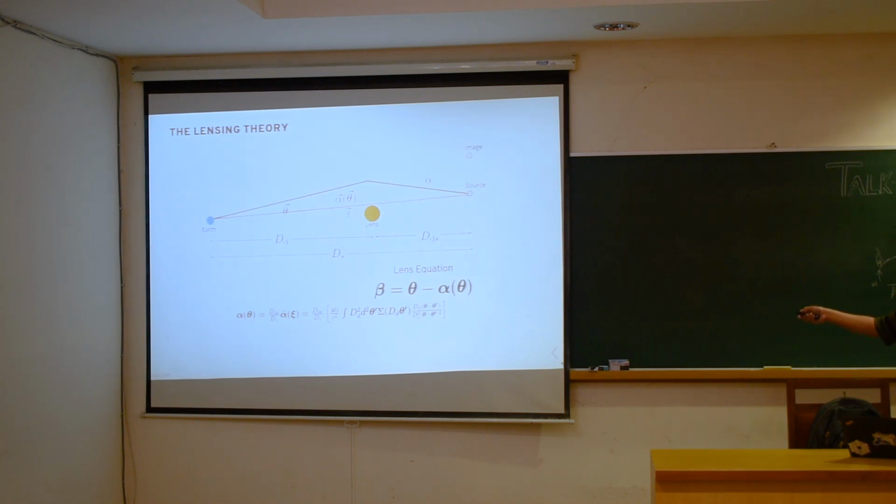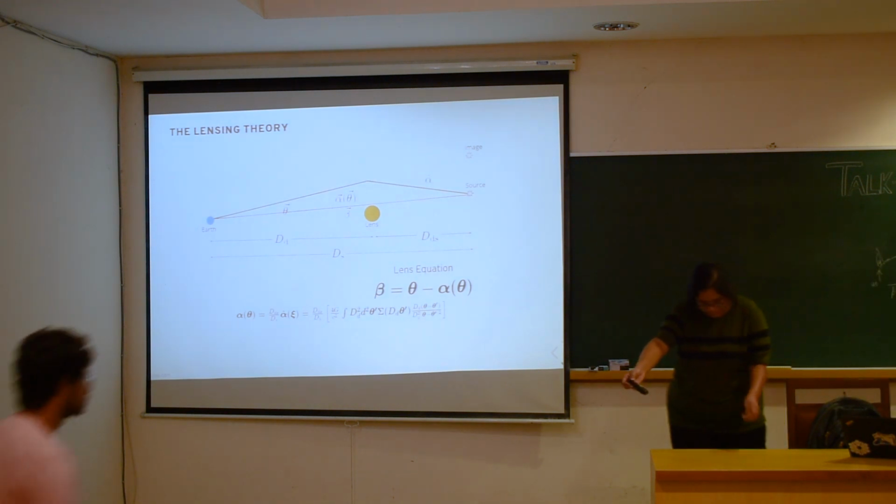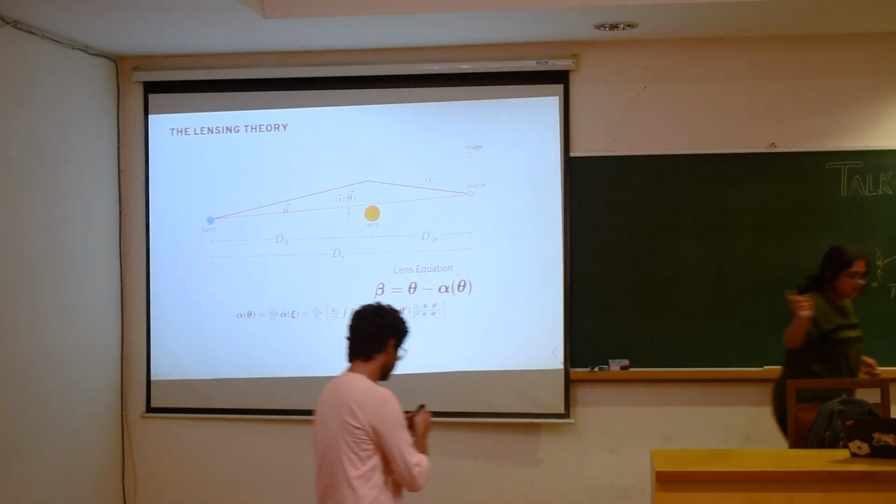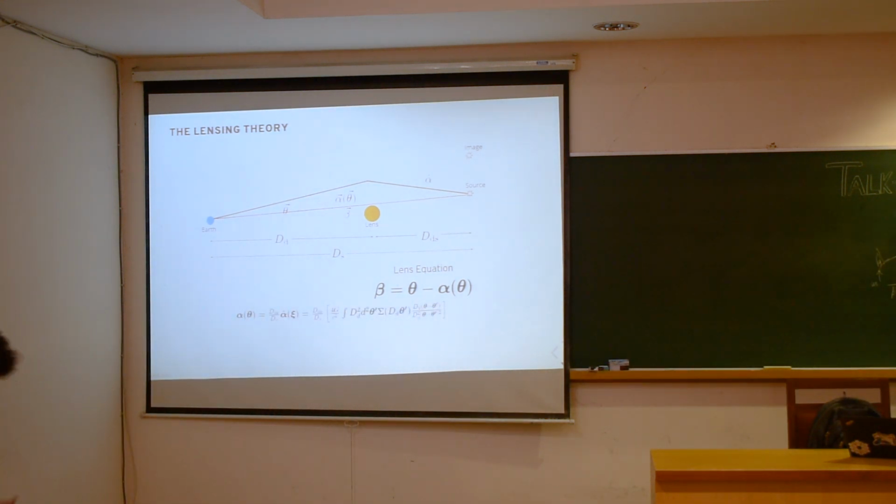The parameter beta falls in the source plane, right? The parameter beta gives the position of the source, and we say that it falls in the source plane.